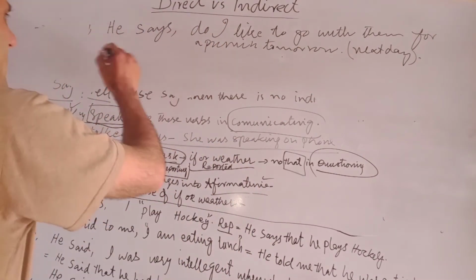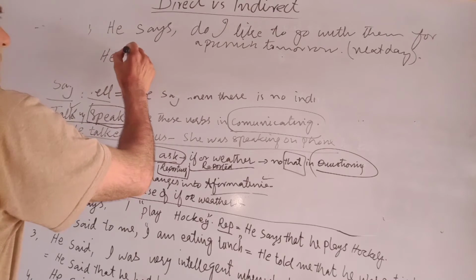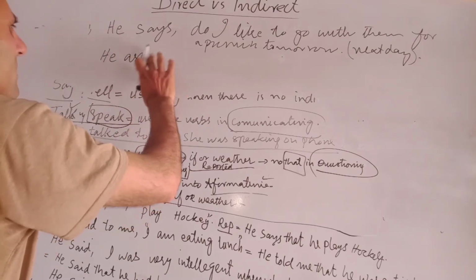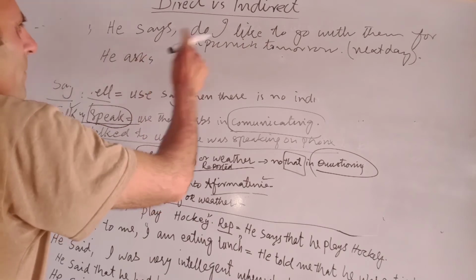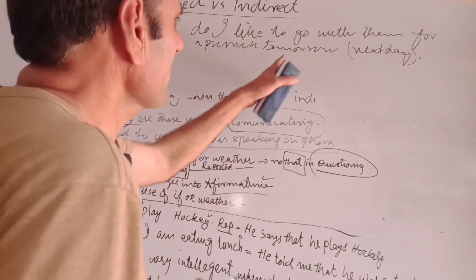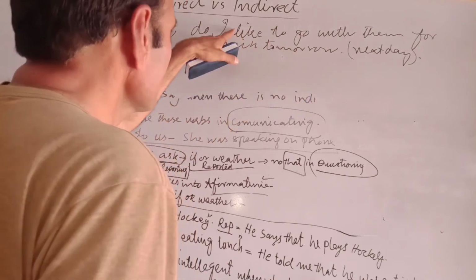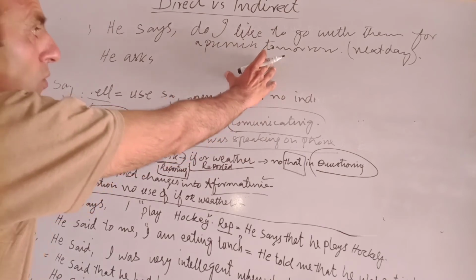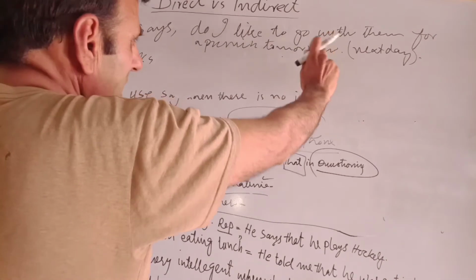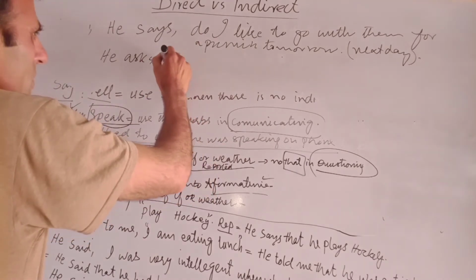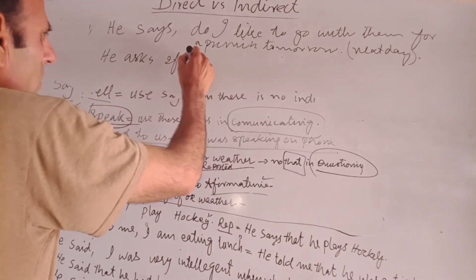Now, he says, he asks. Now here, do I like to go with them for a picnic tomorrow? Now we change this interrogative sentence into an affirmative sentence. This is the rule. Now we put here if or whether.